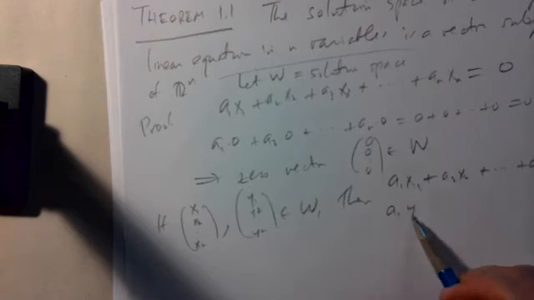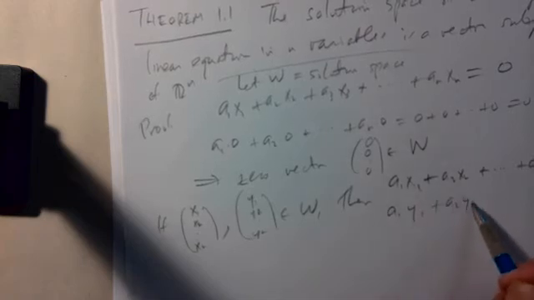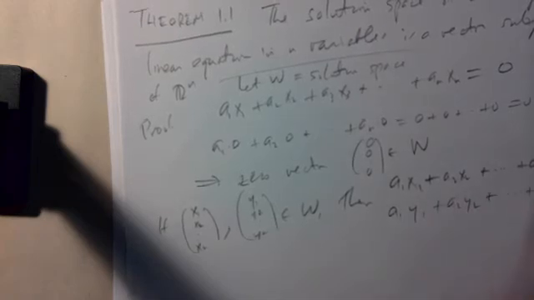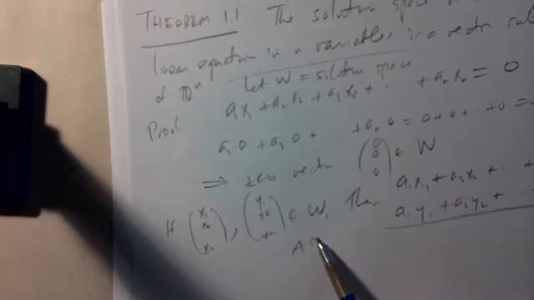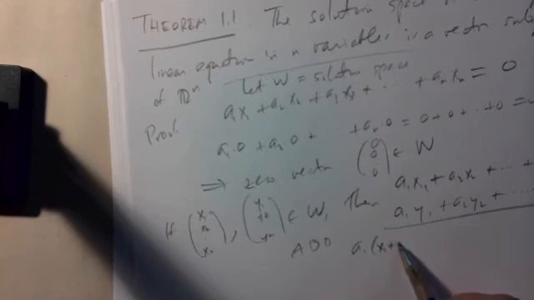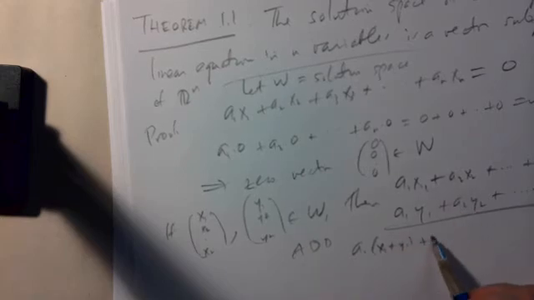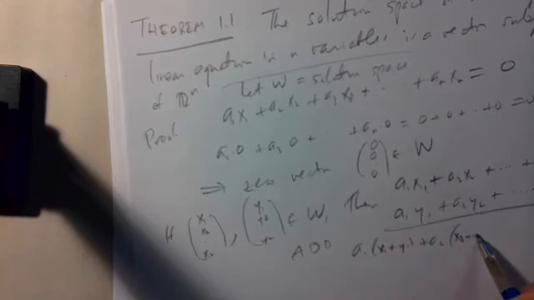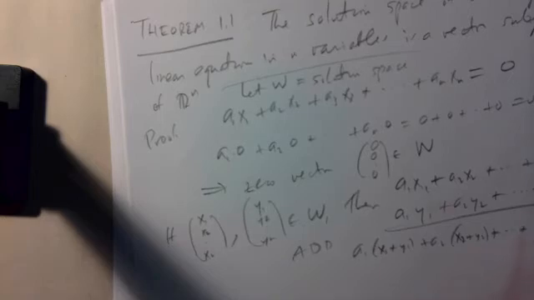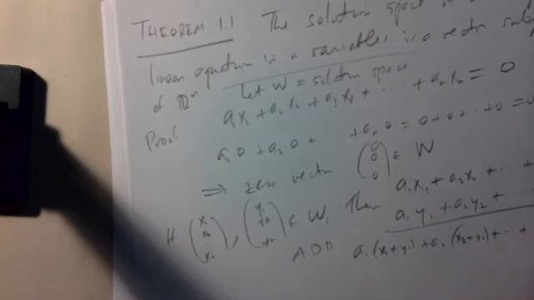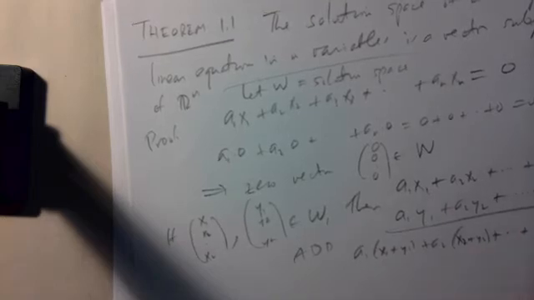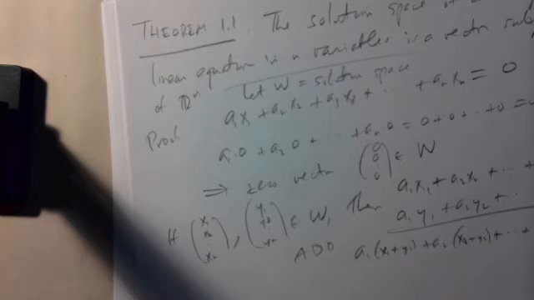And the same for the y's: a1y1 plus a2y2 plus anyn is 0. And add these equations. You get a1 times (x1 plus y1) plus a2 times (x2 plus y2) all the way up to an times (xn plus yn) equals 0.